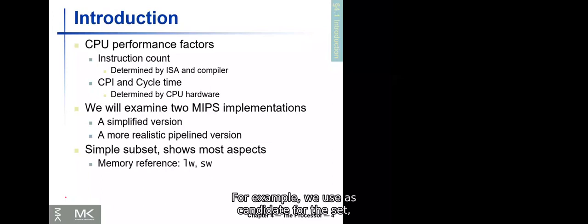For example, we use as a candidate the limited set that we try to implement: load and store, which are very important instructions. We pick arithmetic instructions: add, sub, and SLT, set less than.